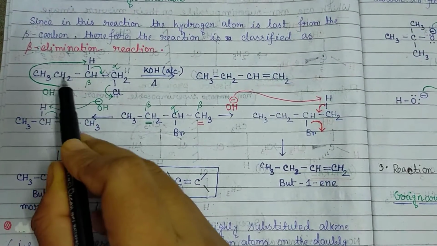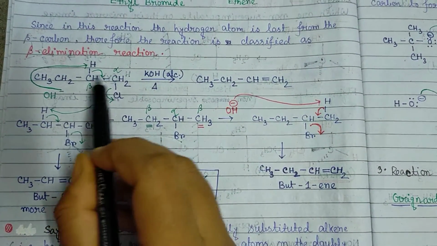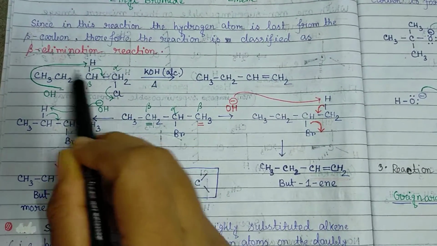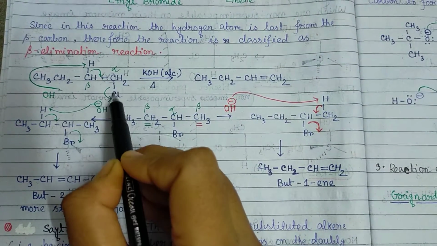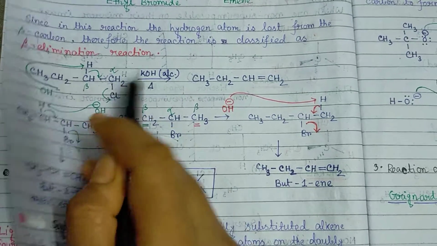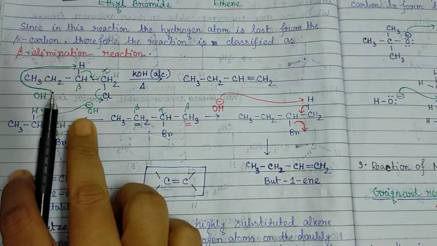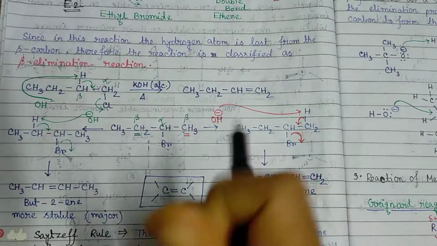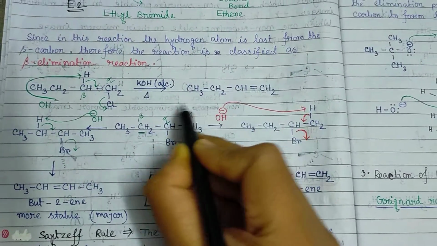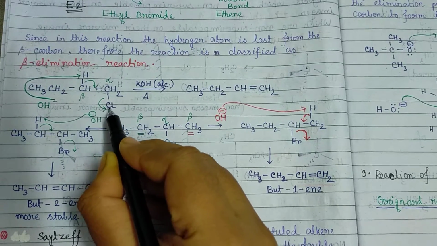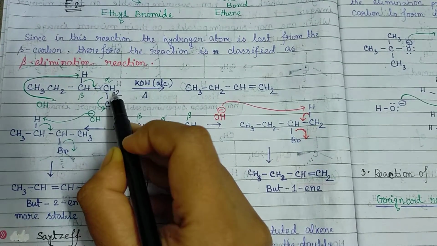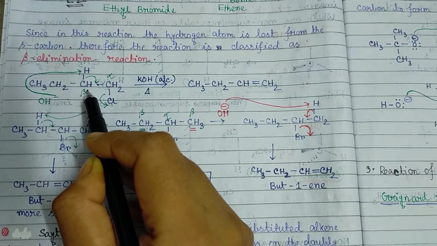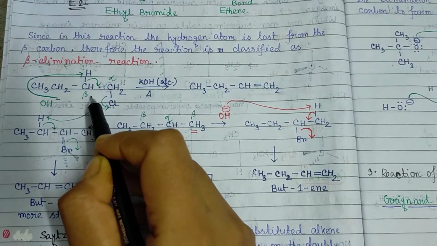If we see that this is our substrate or reactant, that is 1-chlorobutane, then we can see the halogen is attached to the corner carbon, and that is why there is a possibility of formation of only one product. So the halogen from the alpha carbon, the corner carbon, is taken up, and the hydrogen from the next carbon, that is the beta carbon, is eliminated.